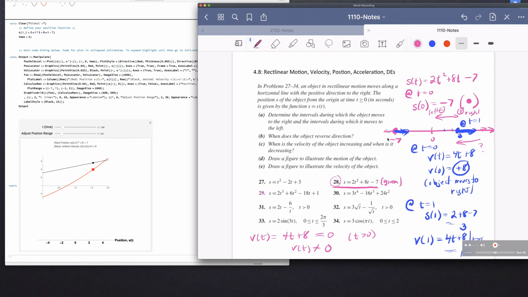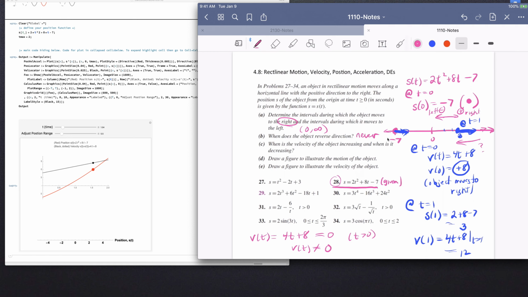We have determined that this object is moving to the right for times 0 to infinity. When does the object reverse direction? We would say never.